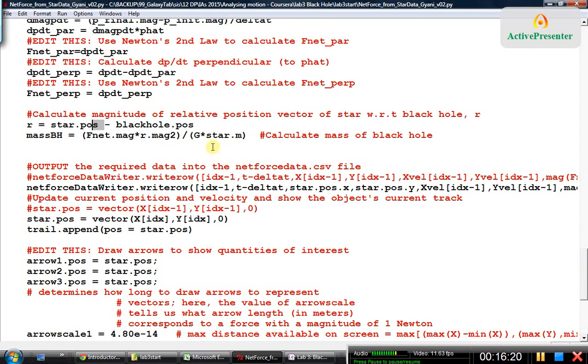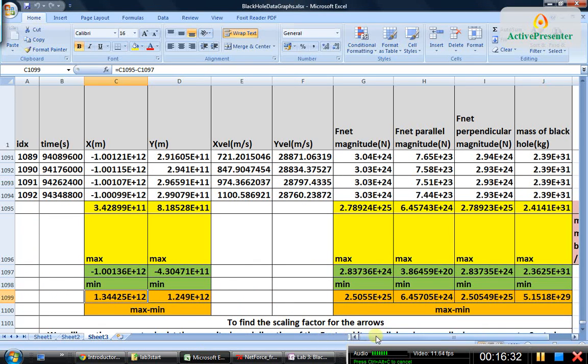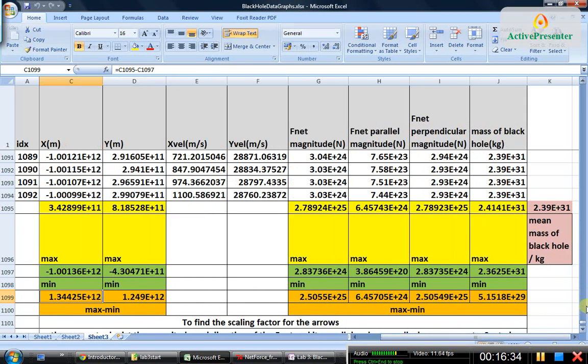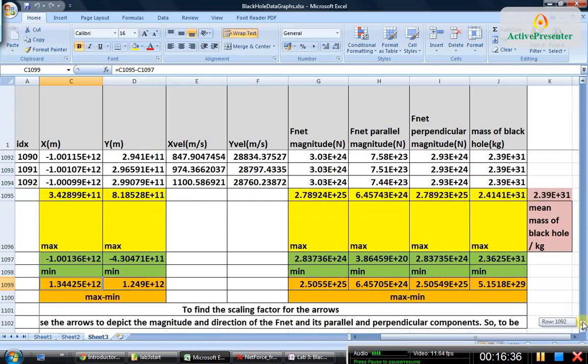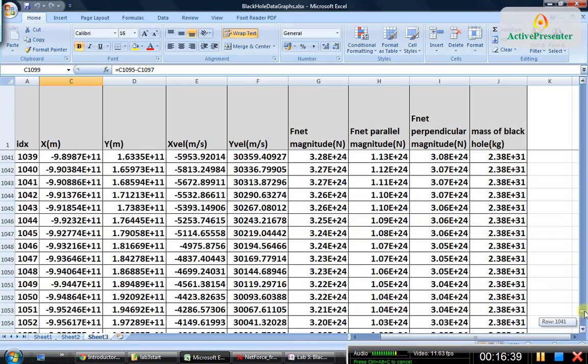So when we run the program over all 1095 steps, we should get more or less the same value of the mass of the black hole, assuming that the mass of the black hole does not change. And that is what we got. As you can see here, it's 2.39 into 10 power 31, 2.38 into 10 power 31, 2.39 into 10 power 31.